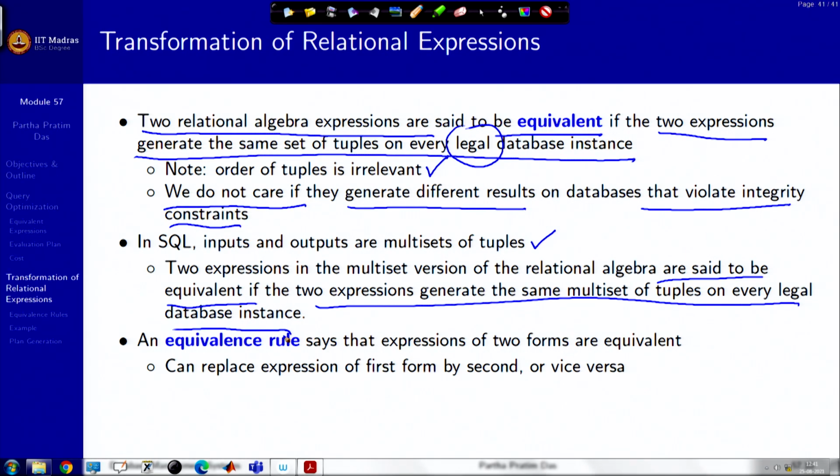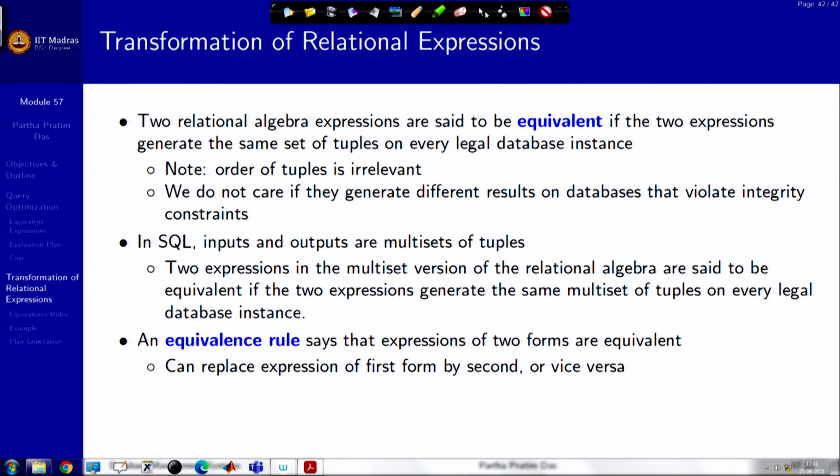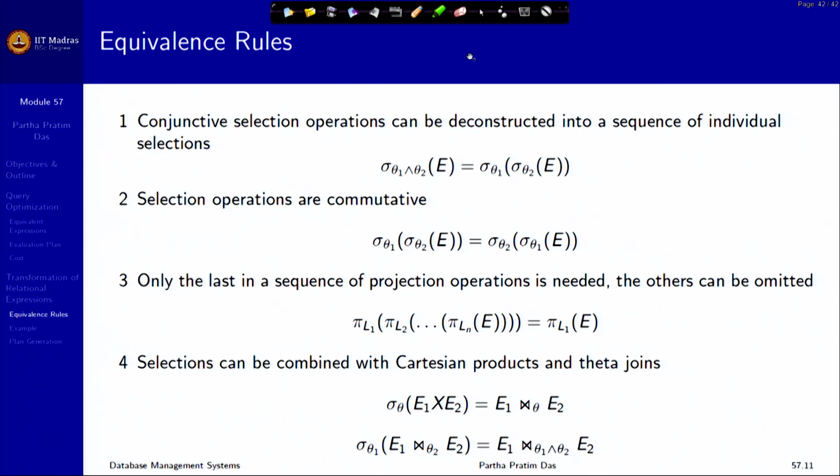In SQL there could be identical tuples existing in the same relation, because it is a multi-set. So, the occurrences of such identical tuples will also have to be the same between the two equivalent expressions for every legal instance of the data, right. So, equivalence rules are formed which say how two expressions are equivalent by treating each and every operation one by one.